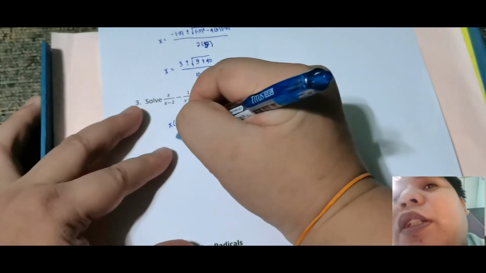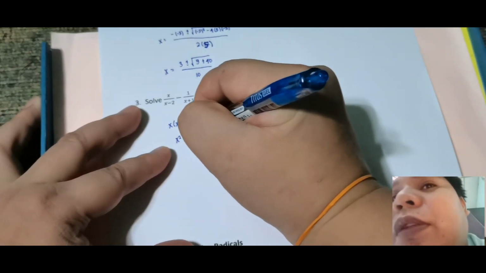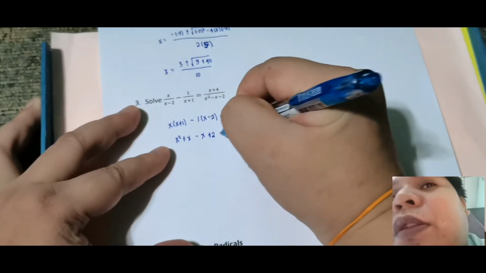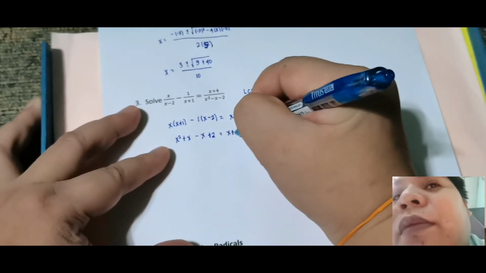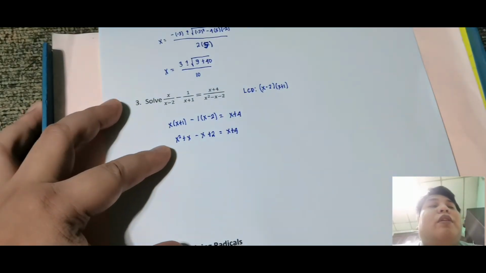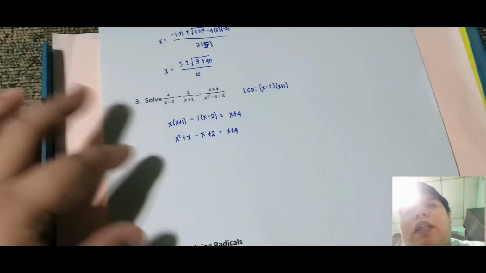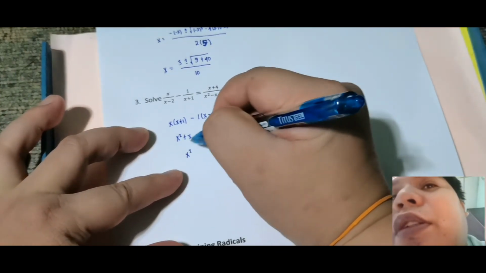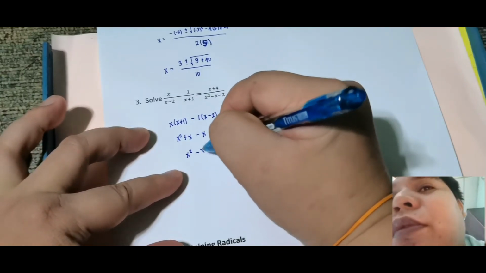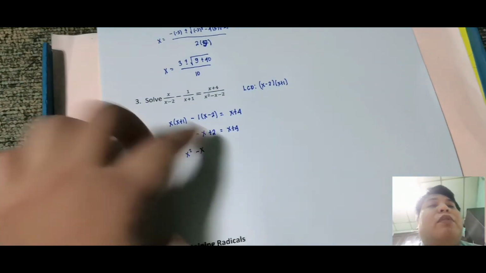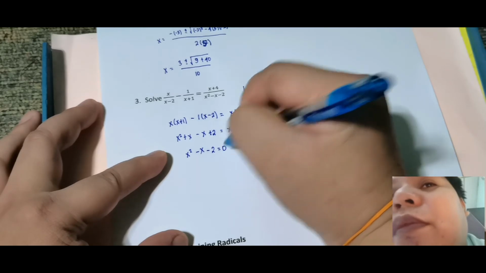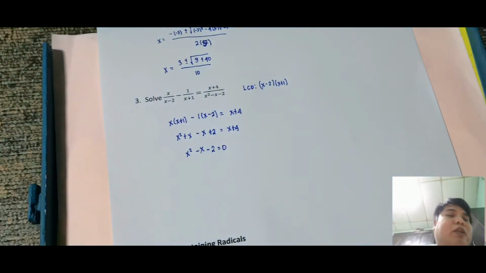Okay, so therefore this is x squared plus x minus x plus 2 is equal to x plus 4. Okay, so check ko nga, may mali ba sa solving? Wala naman. Next is, this is x, cancel to, so this x squared, cancel yun, minus x yun, tama. Then 2 minus 4 is negative 2. So this is negative 2 is equal to 0. So since tayo ay quadratic formula yung gagamitin natin.